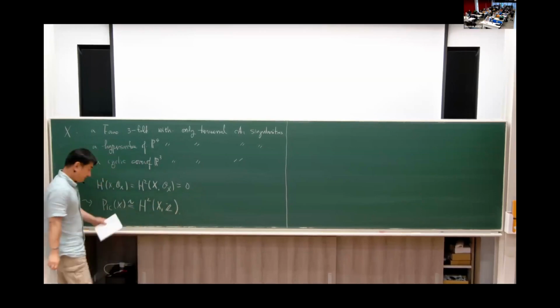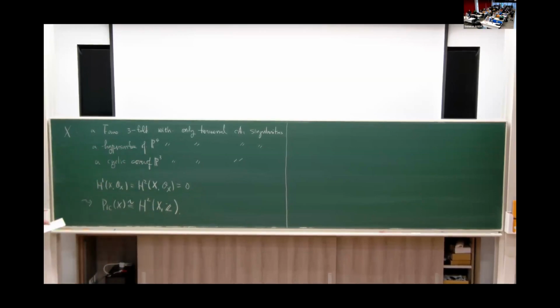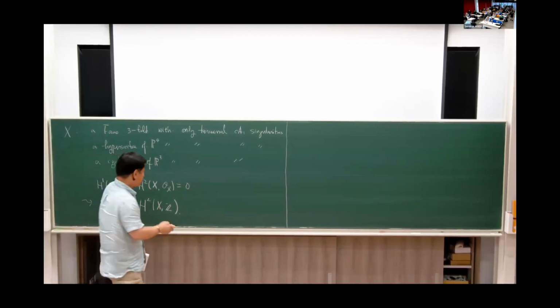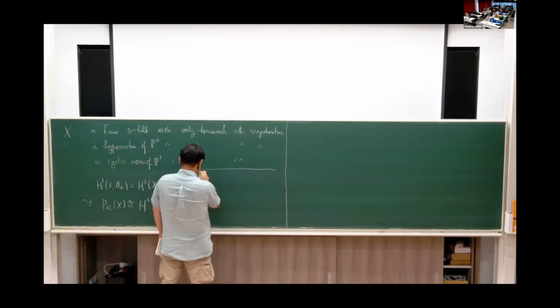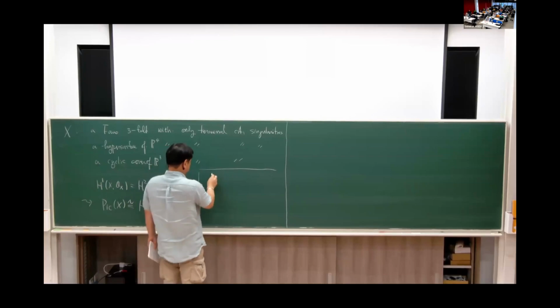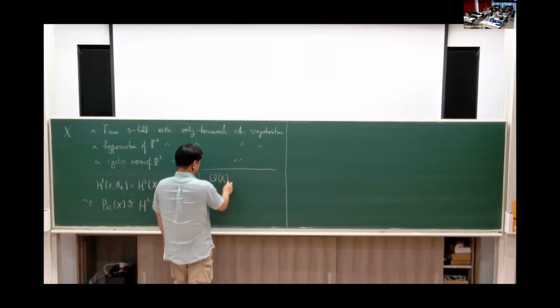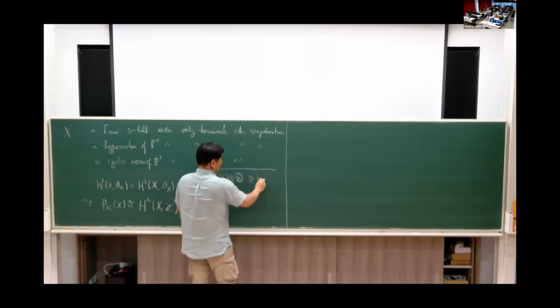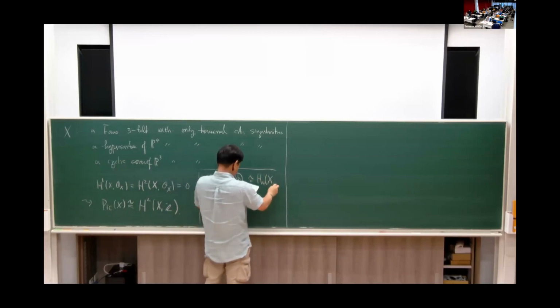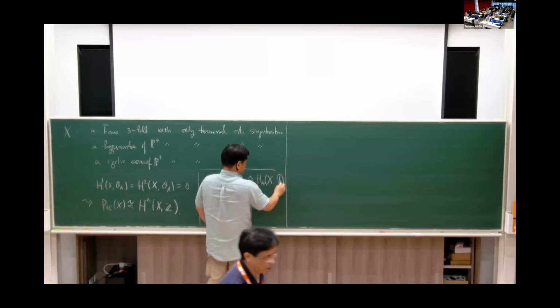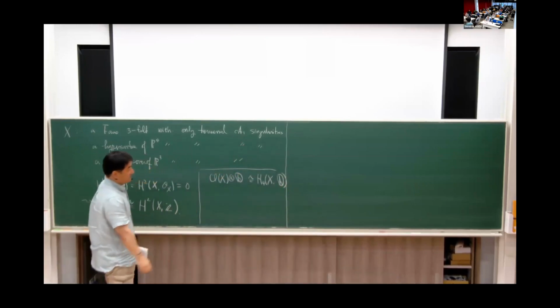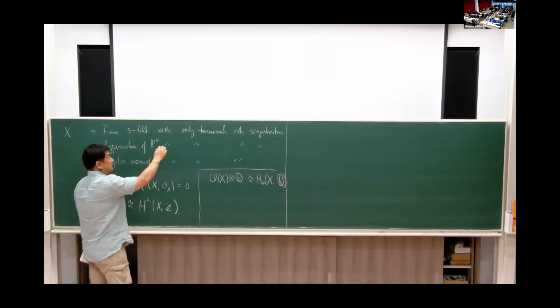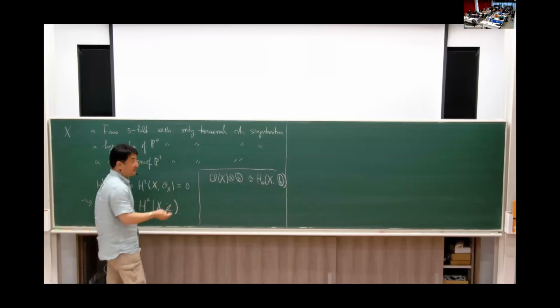And also, when you consider the divisor class group tensored with Q, this will be the fourth homology group, simply because our singularity is isolated and CA1.